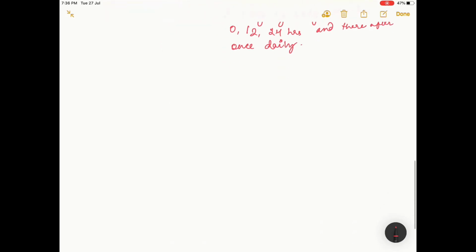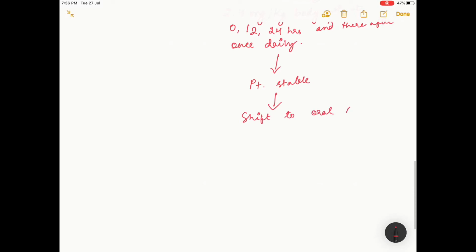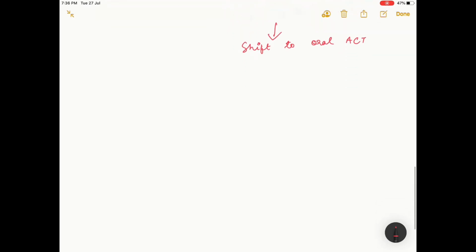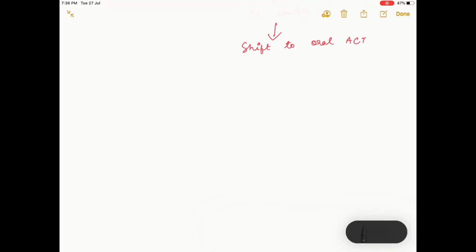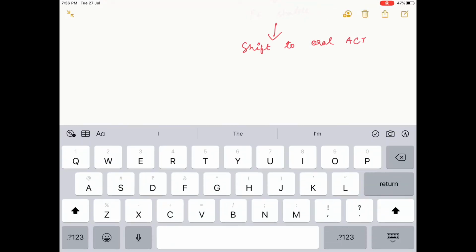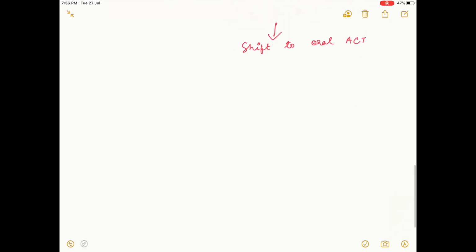In the meantime, if the patient becomes stable, then we can switch over to oral artemisinin combination therapy. But we need to remember one thing: which ACT is avoided when we shift to oral ACT in case of complicated malaria.